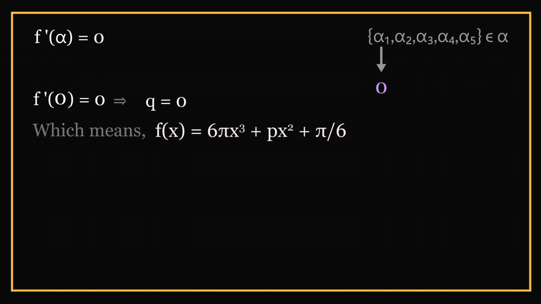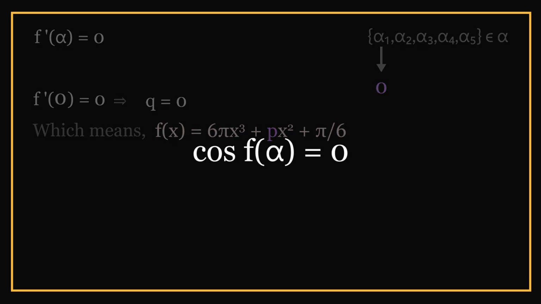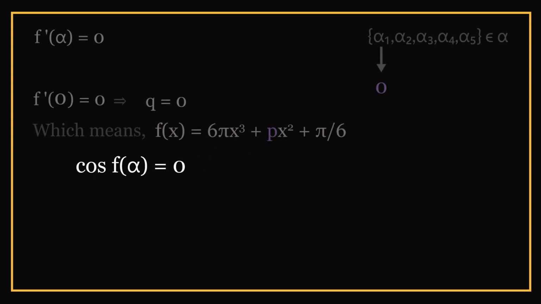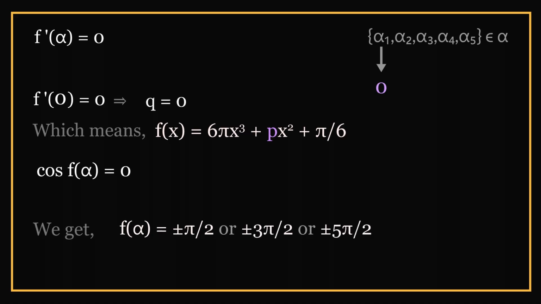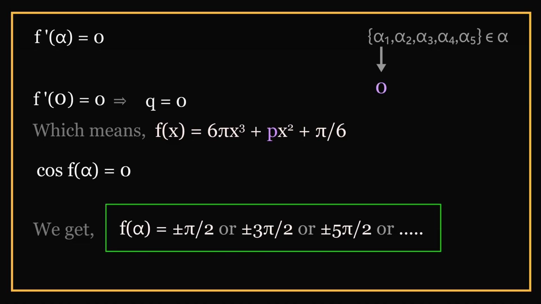Now we only have coefficient p to solve. Remember about cos f(alpha) equals 0? From this, we get f(alpha) equals plus minus pi by 2, or plus minus 3 pi by 2, or plus minus 5 pi by 2, and so on.